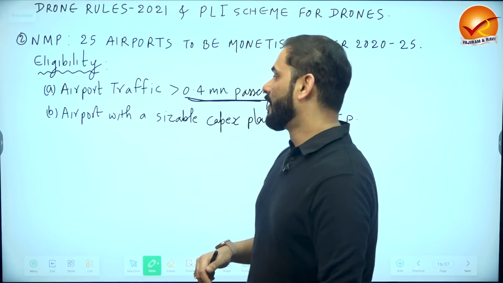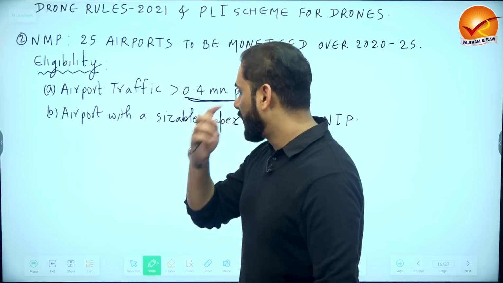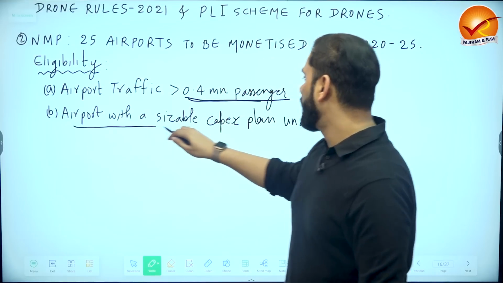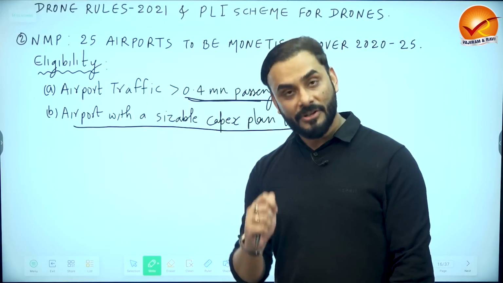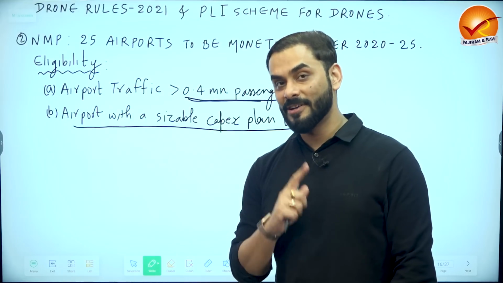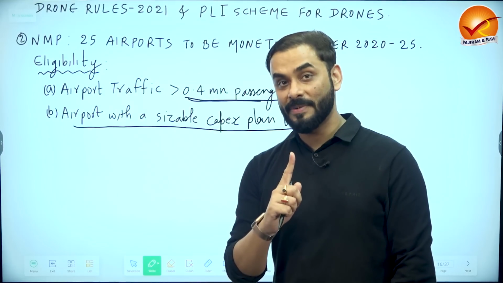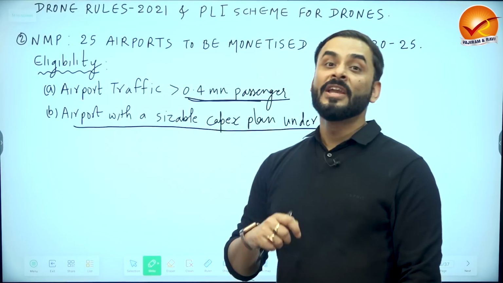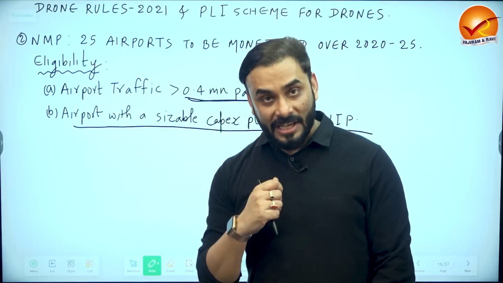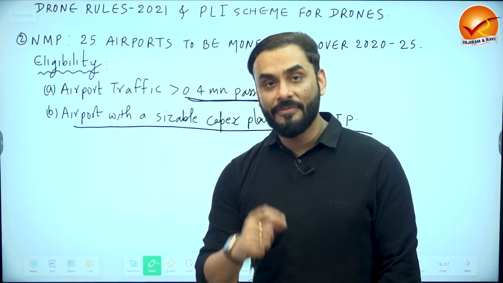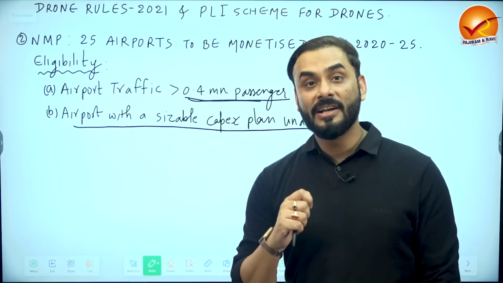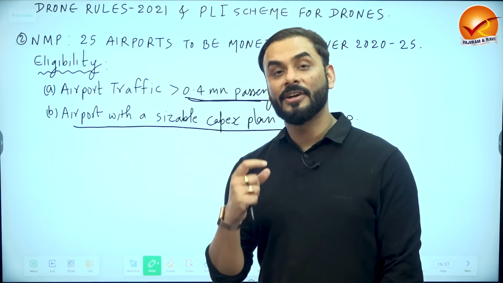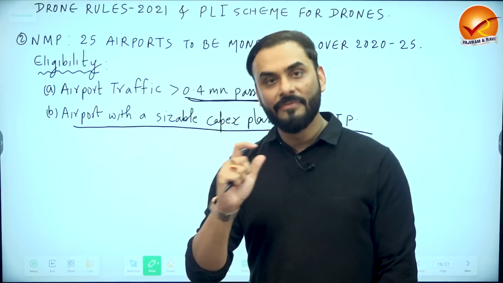maintenance, repair, etc. Now, the second eligibility condition is that the airport has a sizable capex plan under NIP. What is NIP? National Infrastructure Pipeline. And I told you what the Government of India is doing under the National Infrastructure Pipeline: investing money in the construction of infrastructure in this country. So what is capital expenditure? When the government invests money in the construction of new infrastructure.